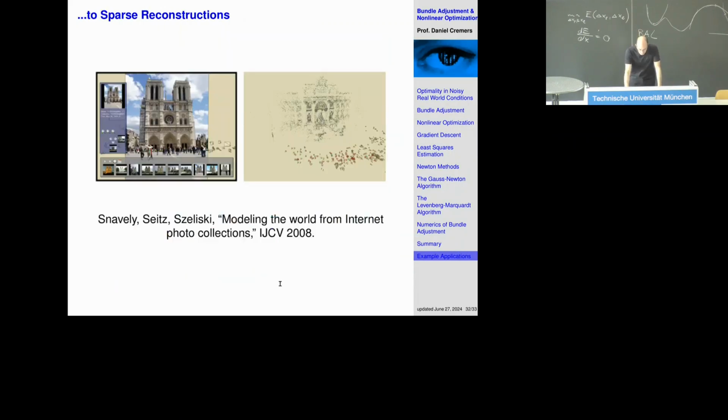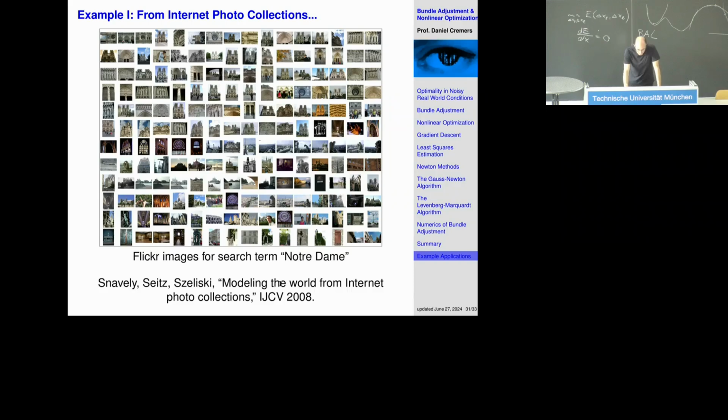Let me briefly show you some examples. These are some papers that contain examples. This was a paper that became really popular. Snavely, Seitz, Szeliski, modeling the world from internet photo collections.